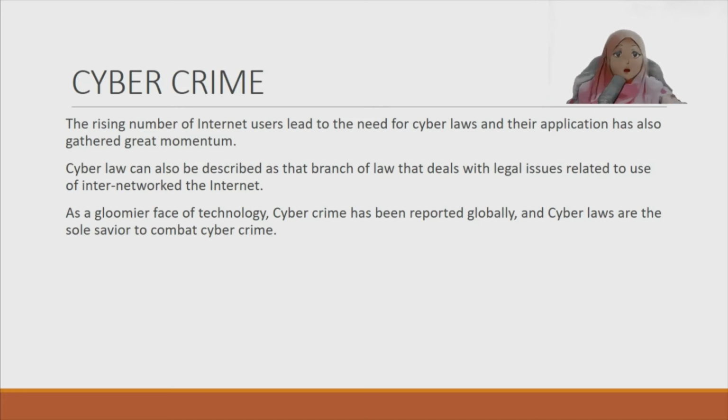Cyber law can be described as the branch of law that deals with legal issues related to the use of networks or the internet. So when we talk about cyber crime, it is also related to cyber law.